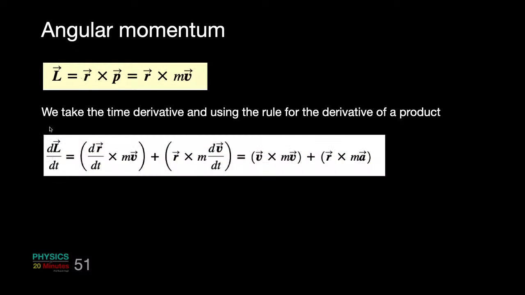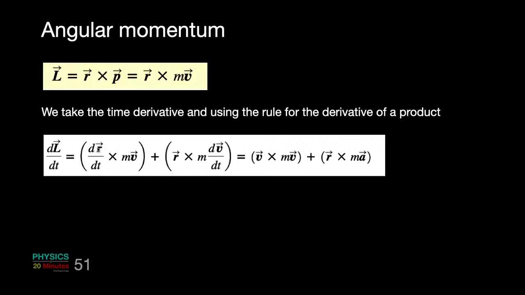So, dL by dt is given by derivative of r into p, which is mv, plus r into derivative of p. So vector r into derivative of p, which, m is a constant, is derivative of v with respect to t. Remember, this product is a cross product, so that will sustain throughout the derivative. So you will use a cross here, you will use a cross here.